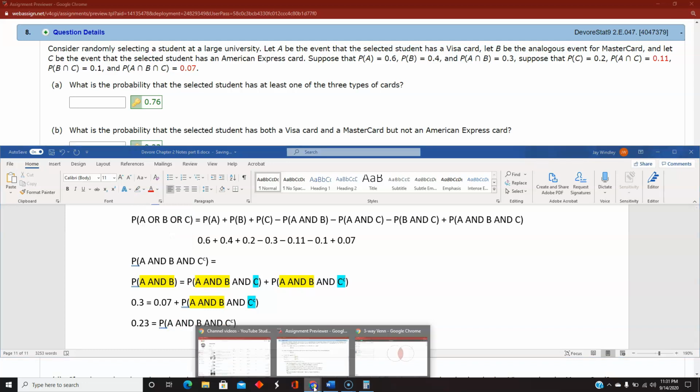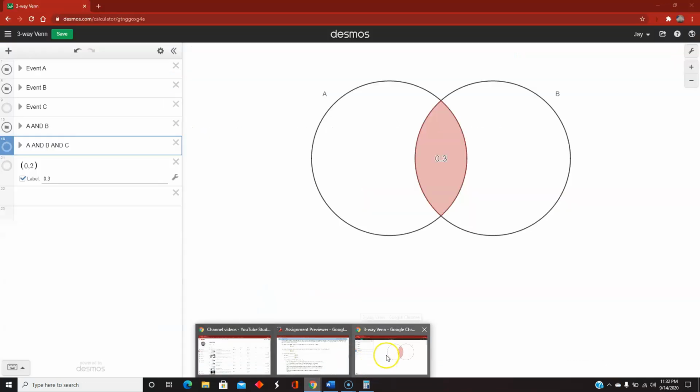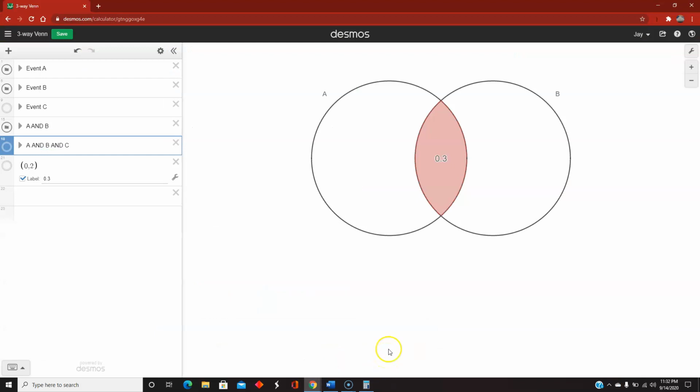Another way of visualizing this, I did something on Desmos that might help. So if we're just looking at event A and event B, and we were told that A and B is 0.3, so I put a little 0.3 there. Now, if we bring event C into the mix, we see this 0.3 that was this overlapping region here.